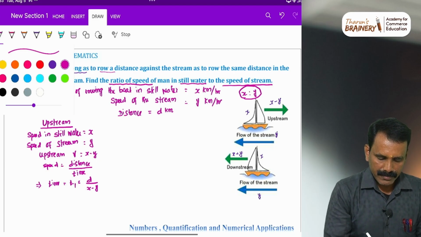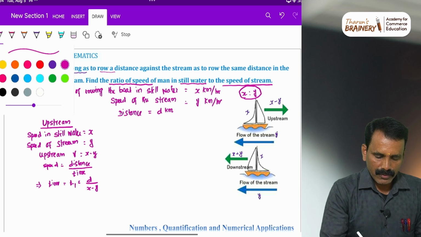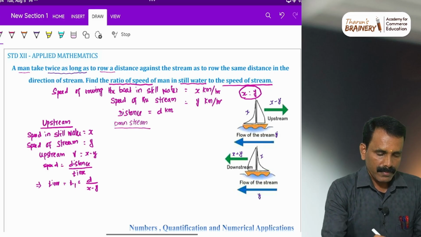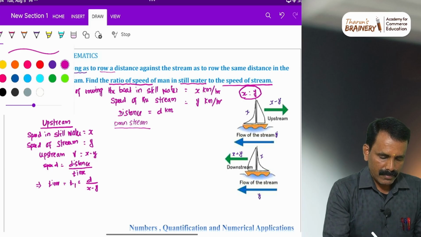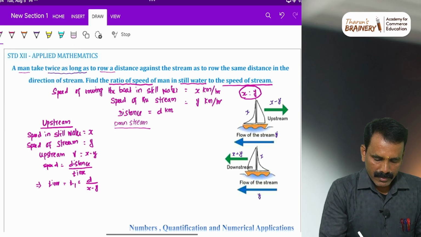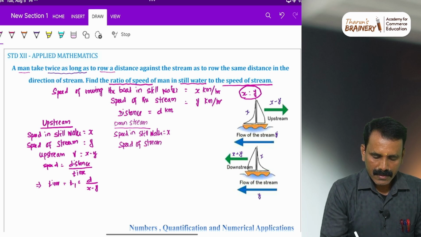And for downstream, we do the same calculation. Speed in still water x, speed of the stream y.